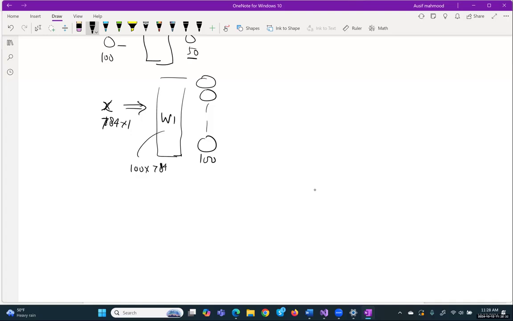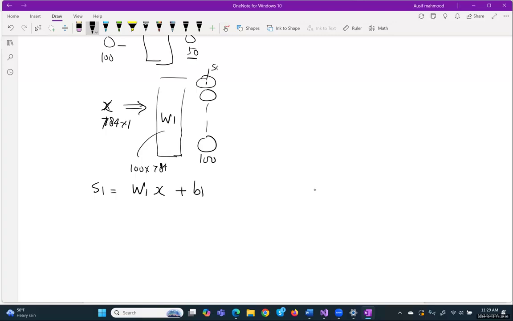And in terms of matrices, how will S1 be computed? Can I say, for example, W1 times X plus B1?